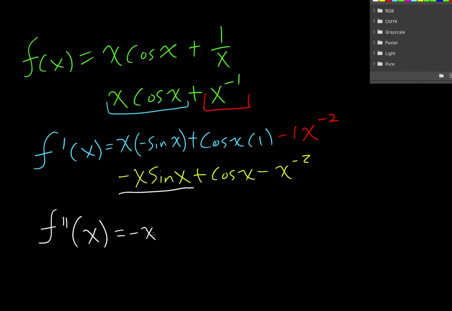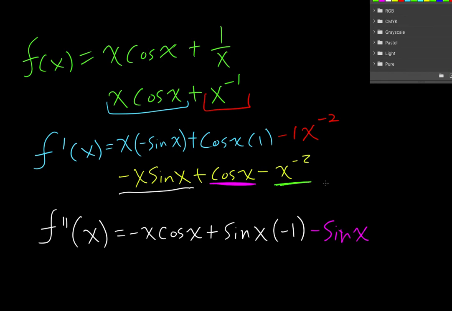So you write the first one, you write the derivative of the second one, you write the second one, sine x, and then you write the derivative of the first one, which is negative 1. Okay, now we take the derivative of cosine, which is negative sine. And that's it on that one.